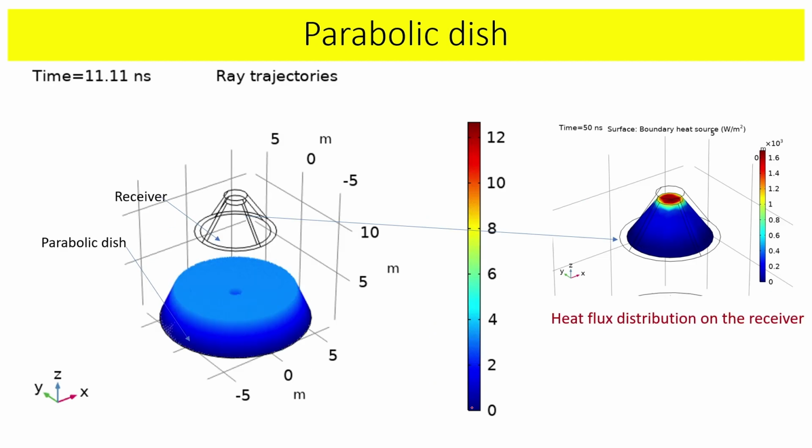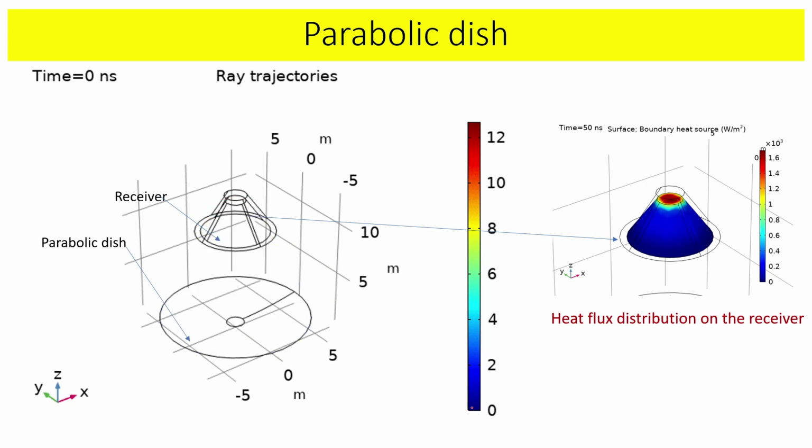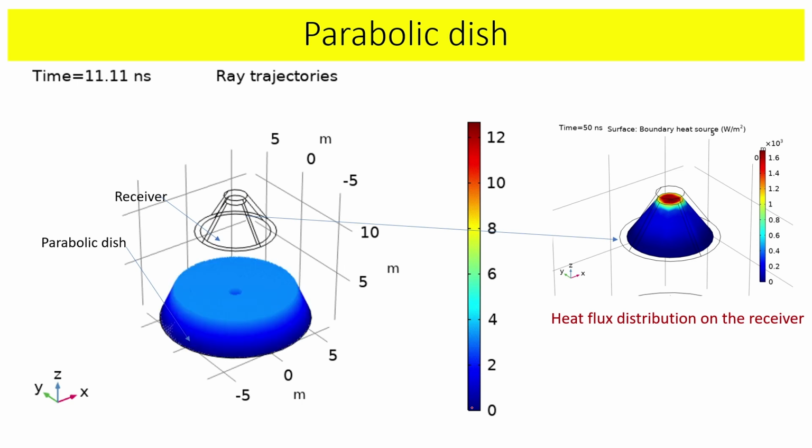Now this is the point concentrating type again. The first point concentrating type was the solar tower. This is the second point concentrating type. This is called a parabolic dish. So here we have a parabolic dish.